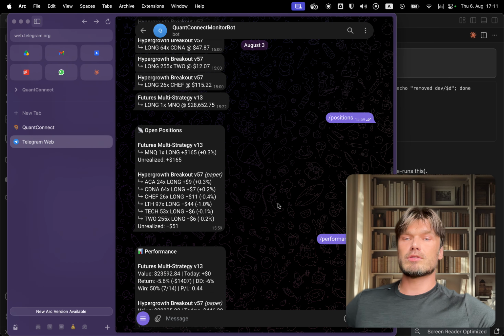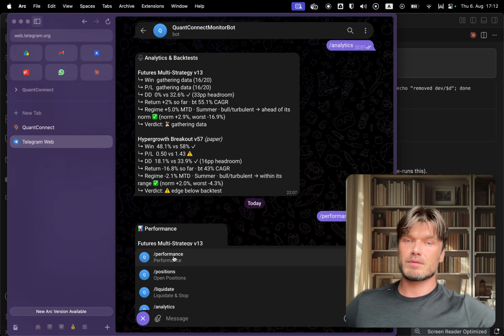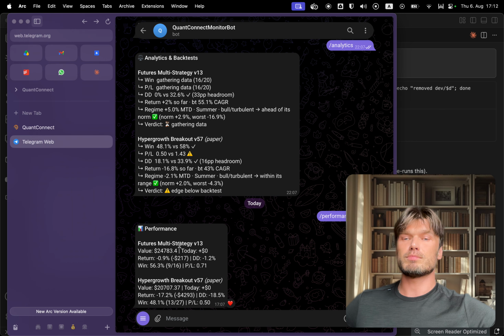But most importantly, I have different commands over here, which are very helpful. Let me walk you through all the commands I have so you can understand the power of my Telegram and what it allows me to do. So the first command I would like to walk you through is performance. The performance command shows me the real life performance of all my strategies.